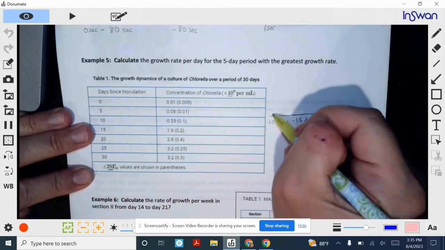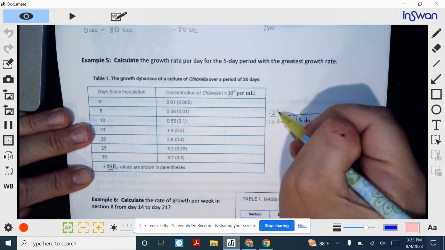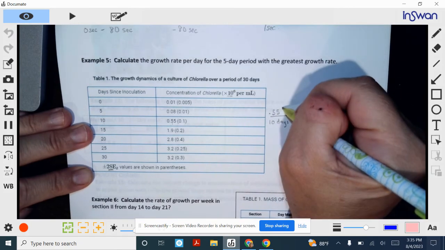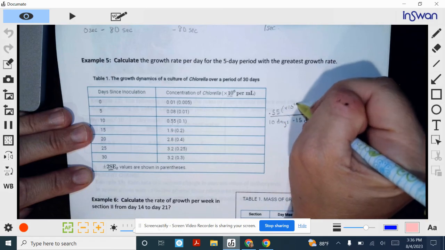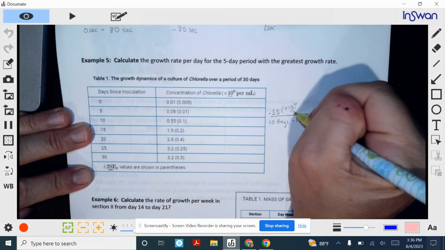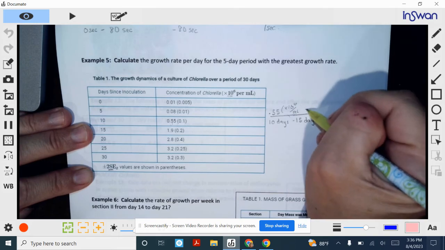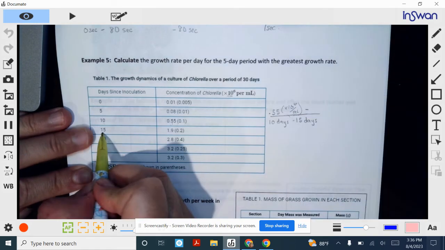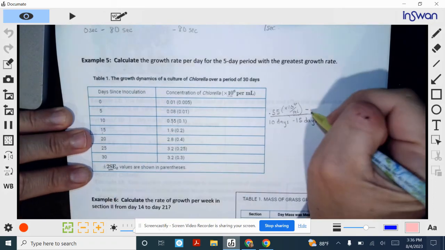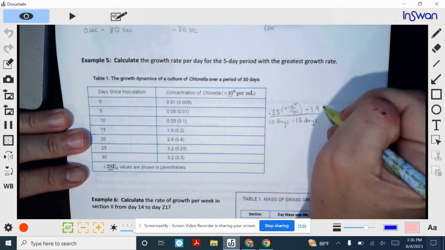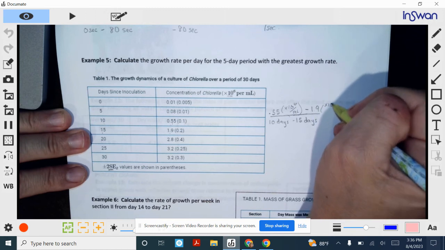So at 10 days, we're going to write 0.55 units. So you can write units is times 10 to the 6th per milliliter, okay? Minus at 15 days, 1.9. My units is times 10 to the 6th per milliliter.